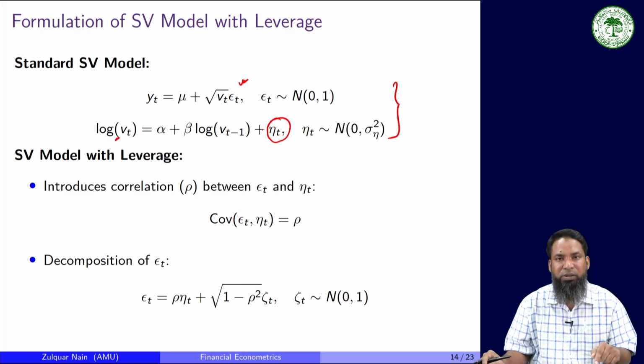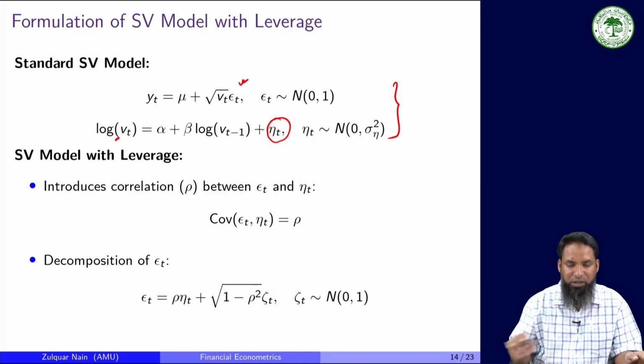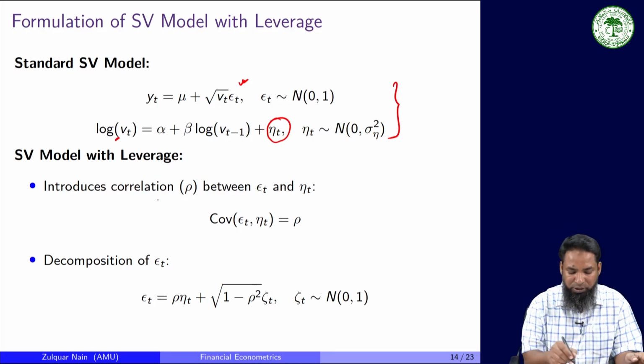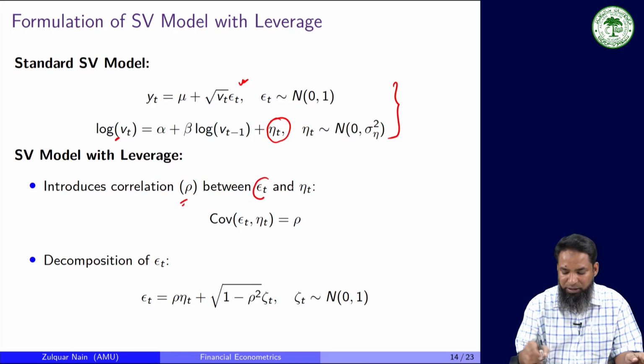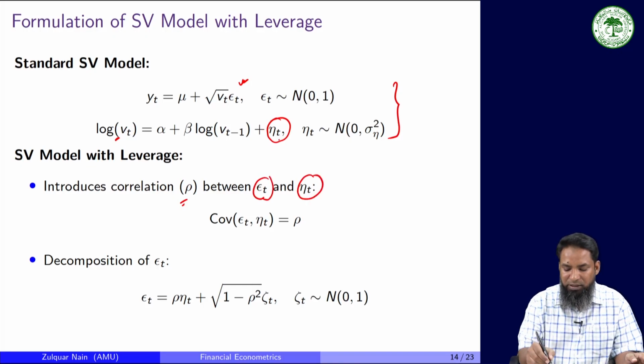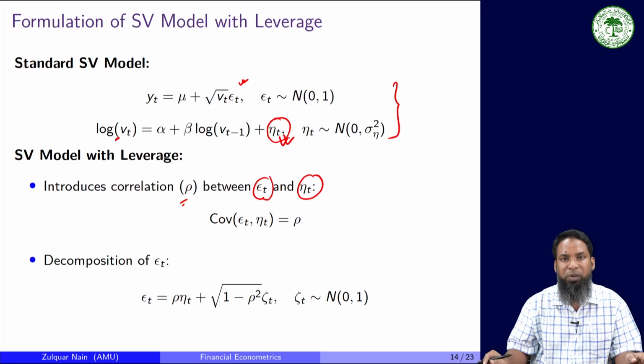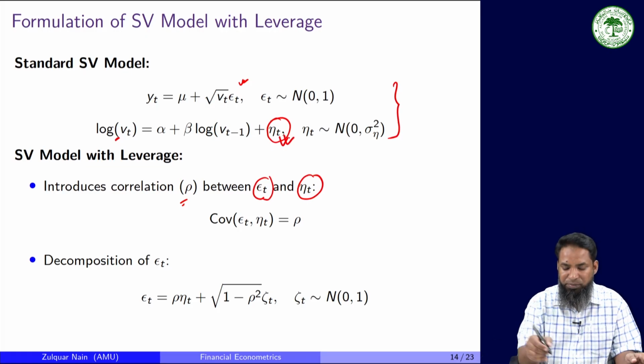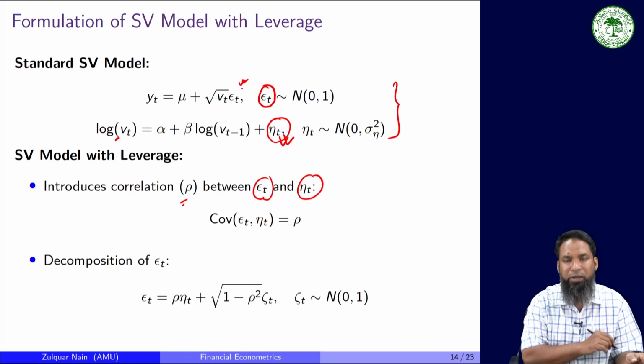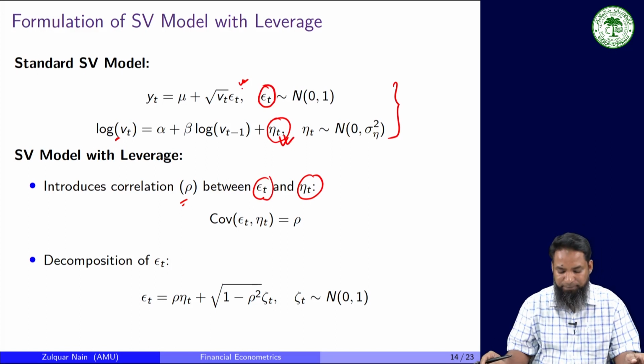Now, in the case of the stochastic volatility model with leverage, we are introducing a correlation between epsilon t and eta t. Eta t is the random component in the variance, and epsilon t is the error component in the mean equation.